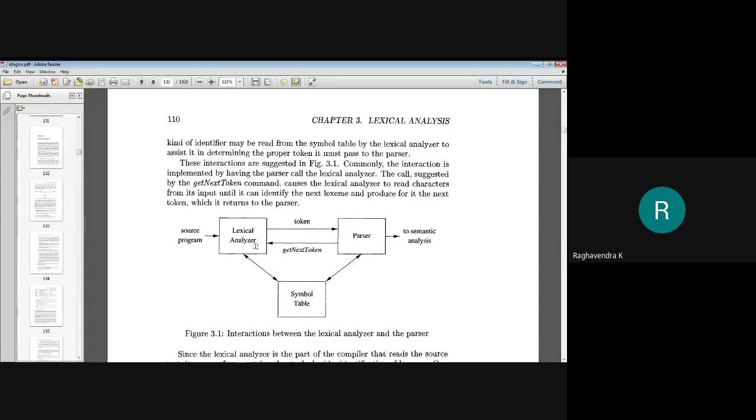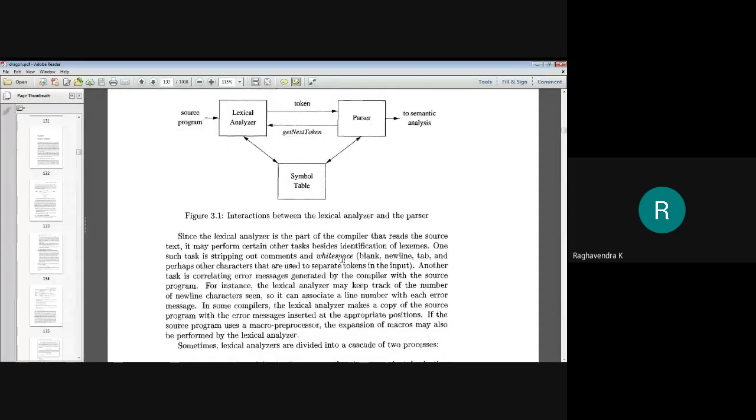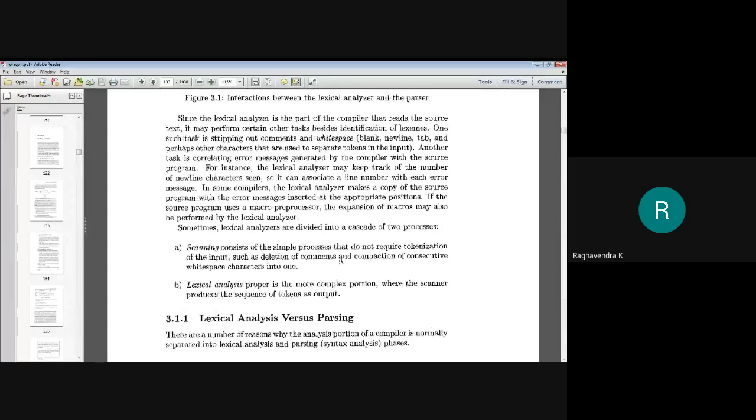Throughout this interaction, the symbol table is used by both the lexical analyzer and the parser. Tokens are inserted into the symbol table by the lexical analyzer and later verified and used by the parser and other phases of the compiler. We also saw that we can divide our lexical analysis process into two processes.